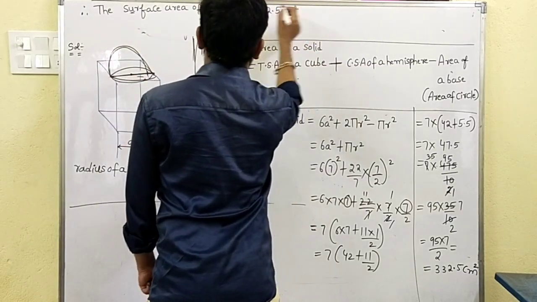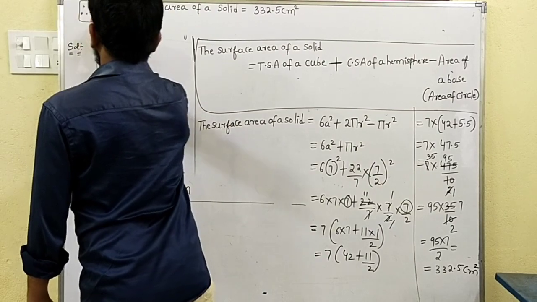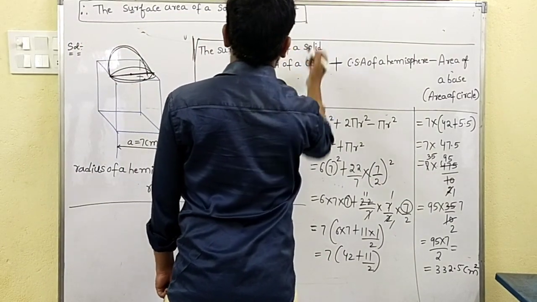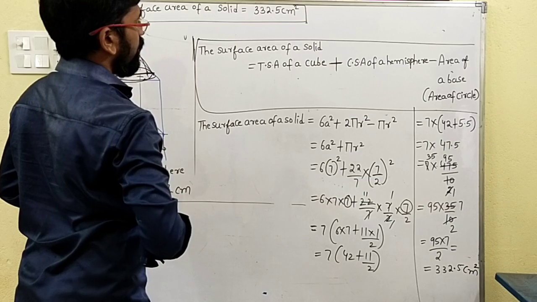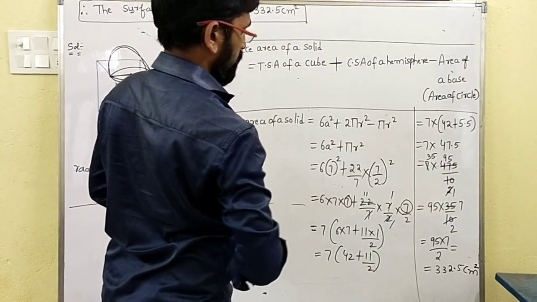This is the required surface area of a solid. 332.5 centimeters square. Are you getting it? Yeah, take this.